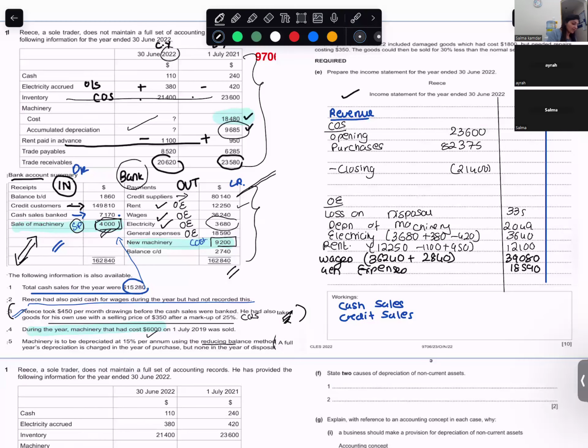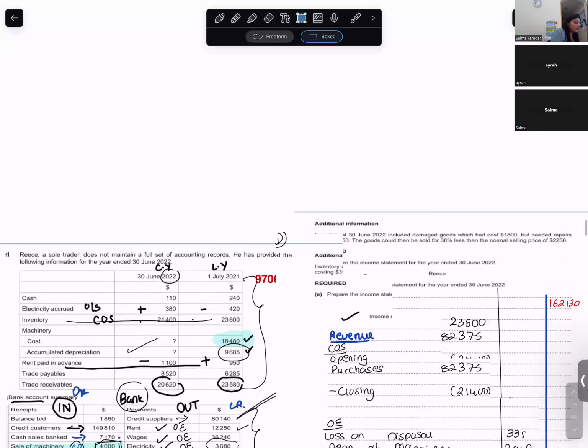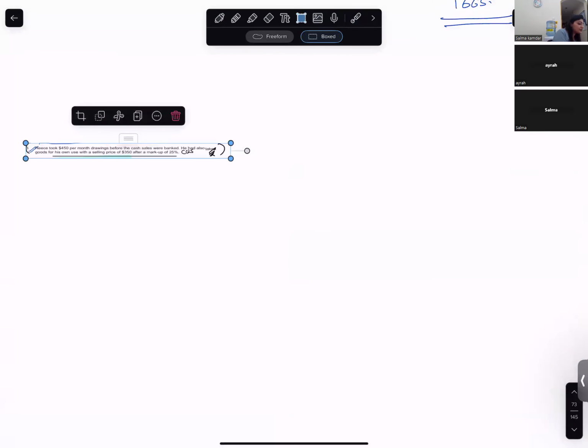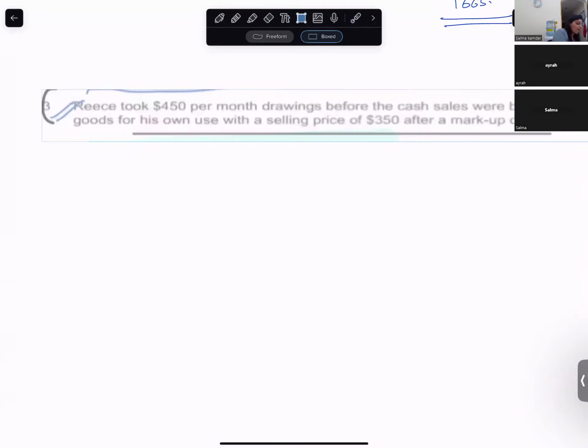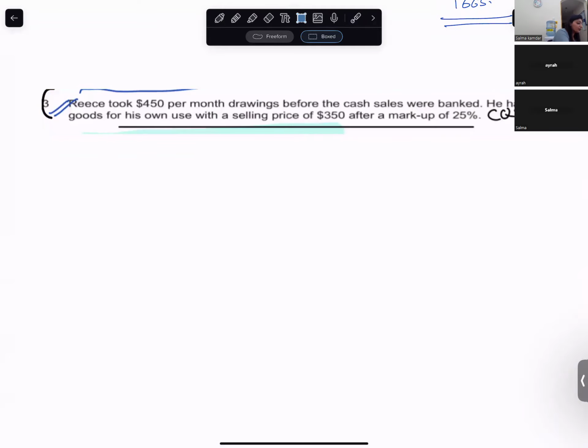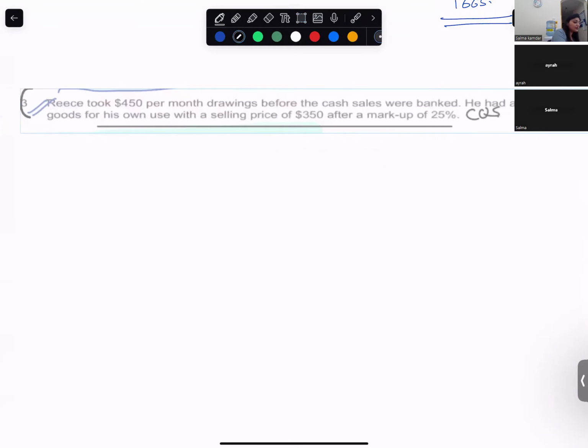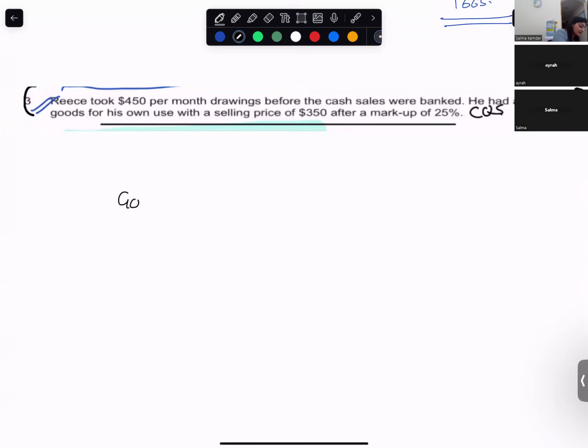Now I see something that is called goods for own use. Can you tell me what is the actual treatment for goods for own use? You minus it from the purchases. Goods for own use is deducted from the purchases at what price?